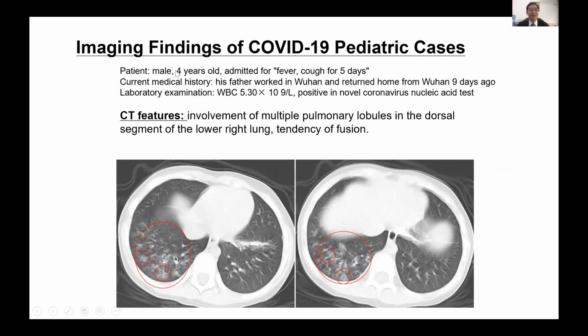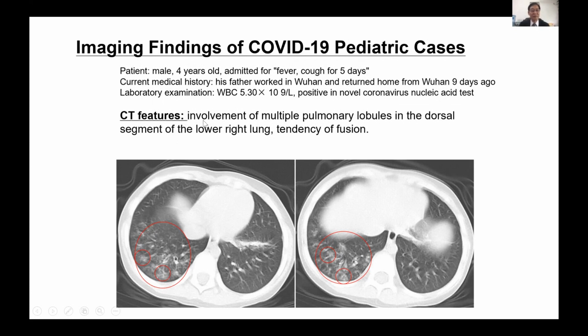This case, male, 4 years old, admitted for fever and cough for 5 days. Her father worked in Wuhan and returned home from Wuhan 7 days ago. Laboratory examination: novel coronavirus nucleic acid testing positive.